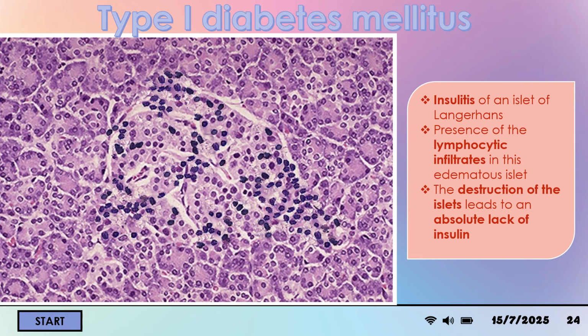The destruction of the islets leads to an absolute lack of insulin that characterizes type 1 diabetes mellitus. So there is no insulin left, and this can result in ketoacidosis because the muscle tissue shifts from glucose to lipids, with resultant usage of fatty acids and generation of keto acids. The energy source has been shifted.